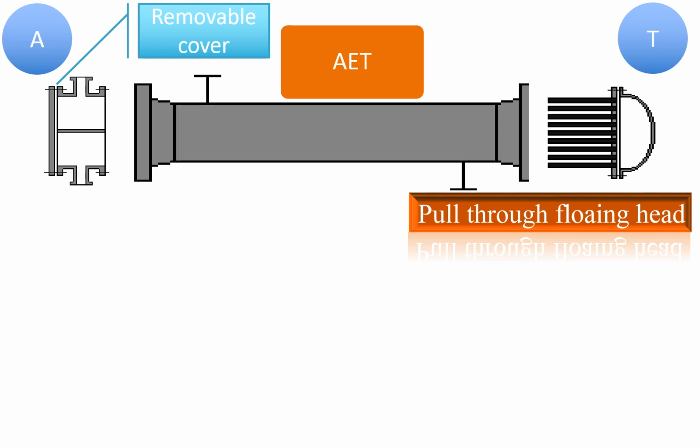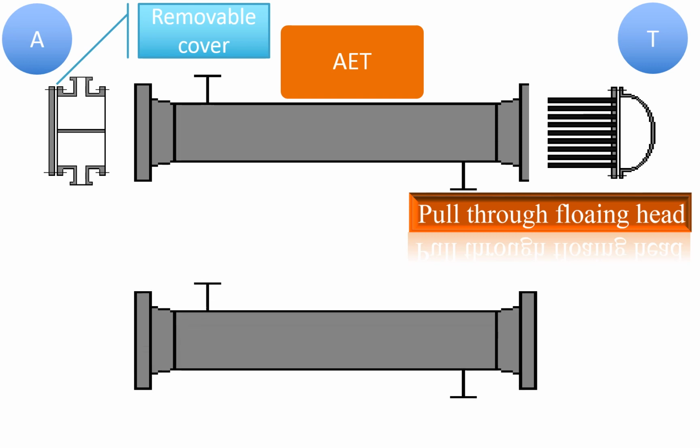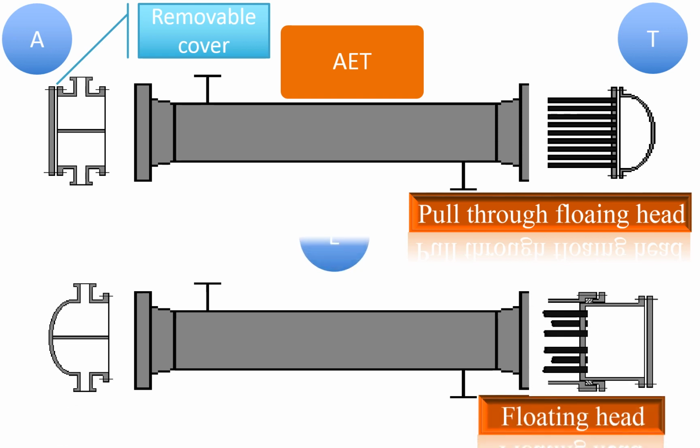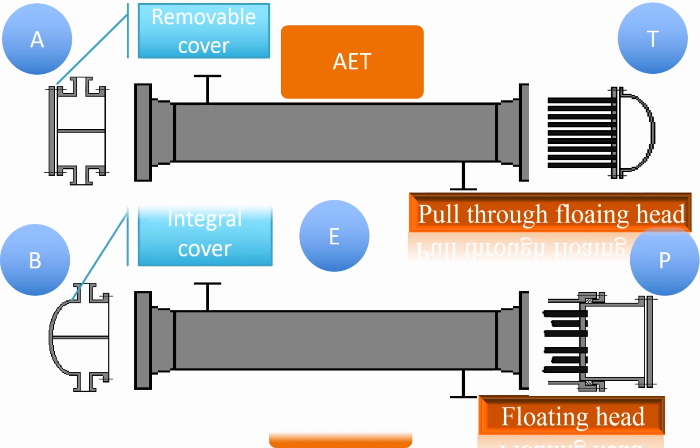The rear head is a pull-through floating head. At the bottom, you can see the BEP type. Here the front head is integral type and the rear head is a floating head. Both exchangers are very widely used in the petrochemical industries for severe fouling services.